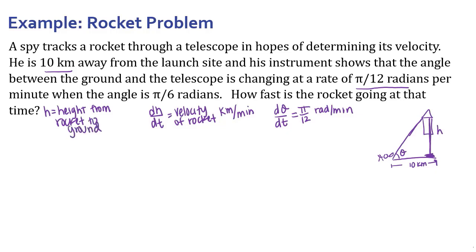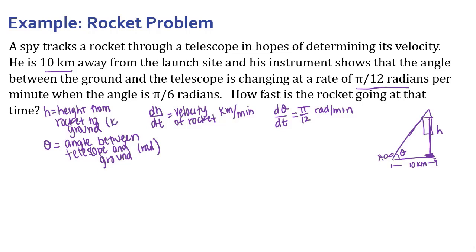Okay, all right, so these are the things that we know. We also need to define theta. So theta is the angle between the telescope and the ground, and this is in terms of radians.